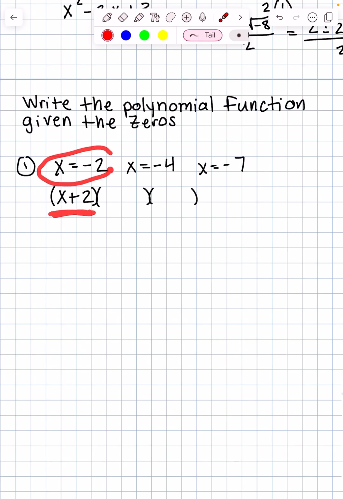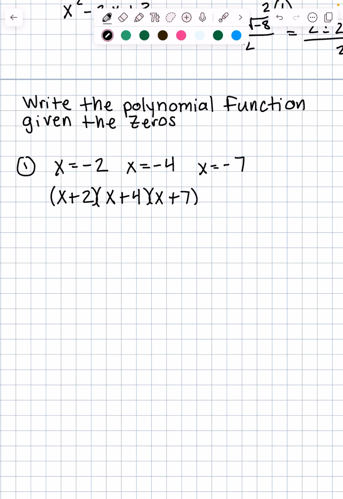Well, we would plug in -2, okay? So likewise, this one, when x is -4, the factor would be x plus 4. And then this last one, -7, we would have to get the factor x plus 7, okay?